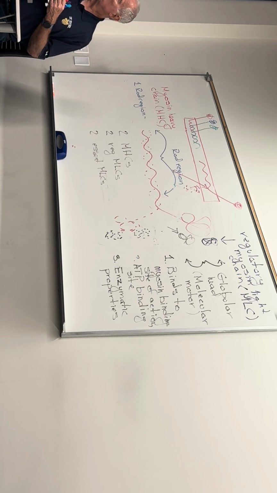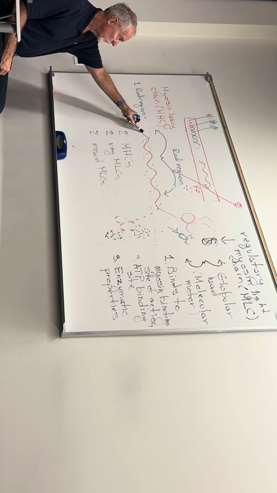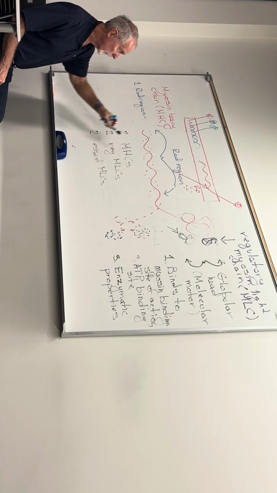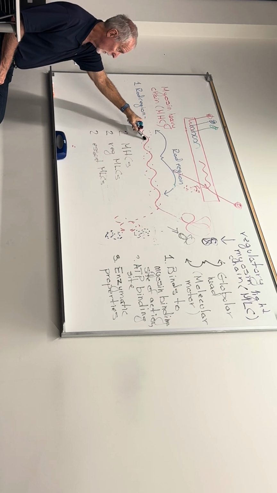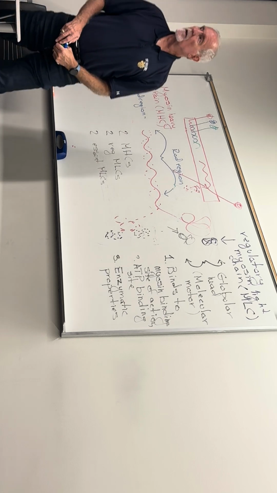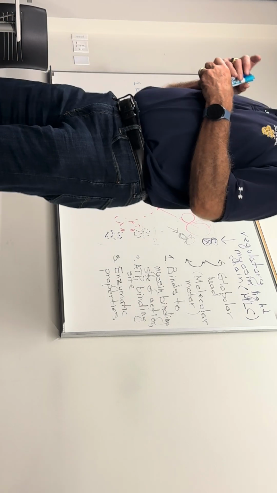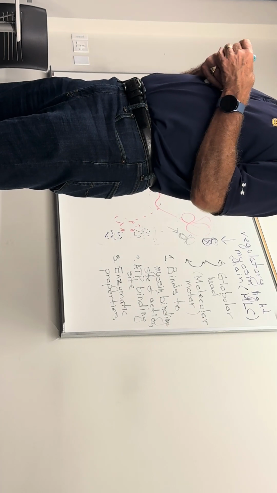But understand that when we talk about the myosin molecule, we're talking about the hexamer. When we talk about a myosin heavy chain, we're talking about, in this case, the solid red, or I could be talking about the dashed red, but each of those is an independent myosin heavy chain. Questions about that? Any confusion?